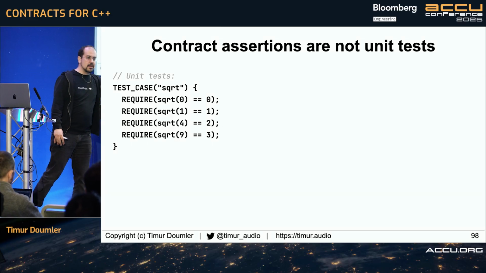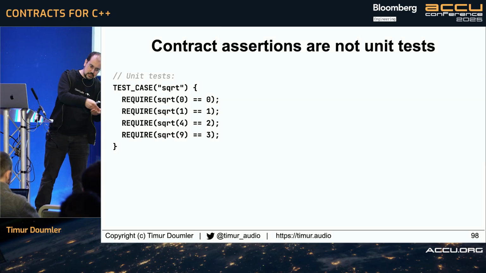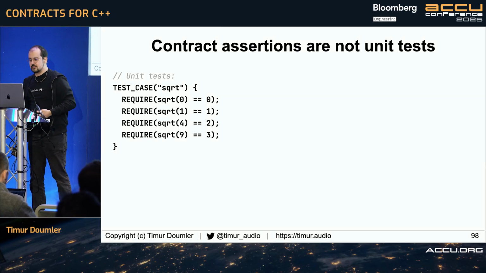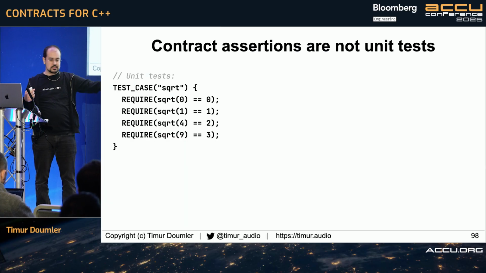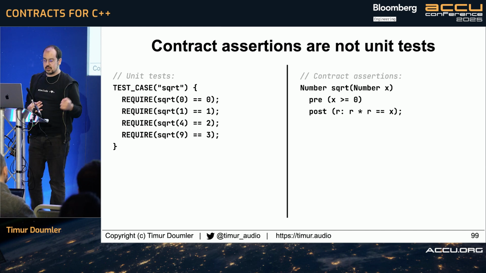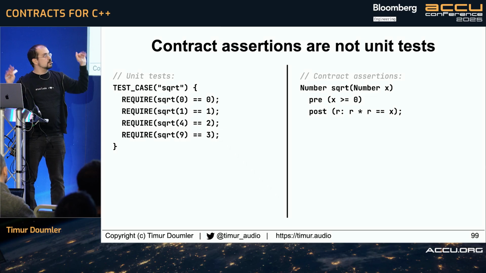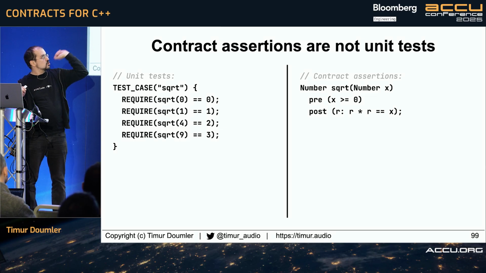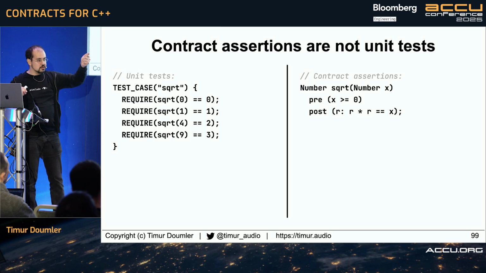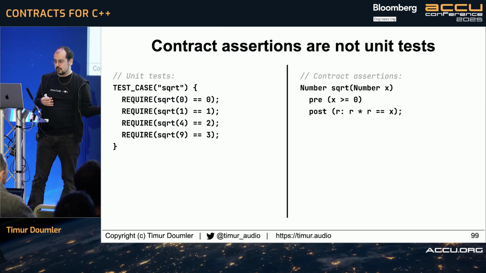It's a very good way of checking for correctness, but what you're doing here is testing with concrete inputs. That's not what contract assertions are. Contract assertions check on the other side for any input you may receive, right? So again, glossing over the existence of real numbers and floating point, you might have pre and post conditions like this, and if you turn them on, they will check your function regardless of who calls it where and with what input.